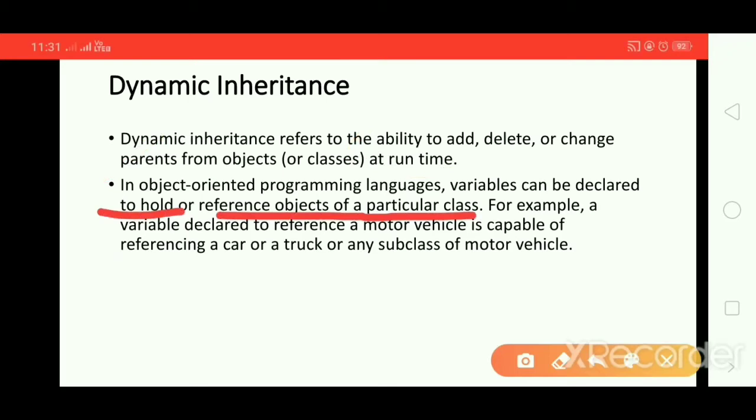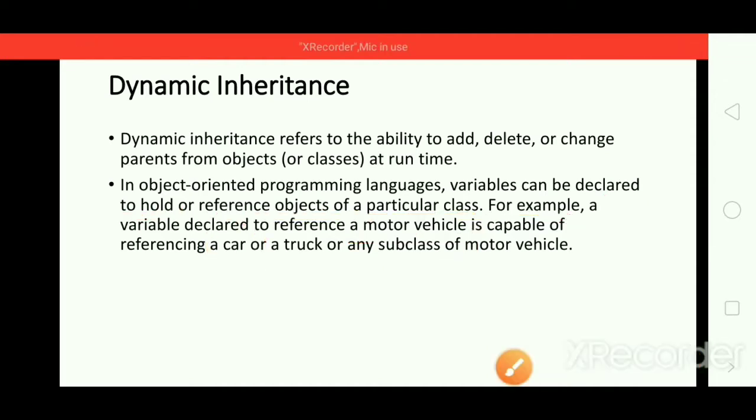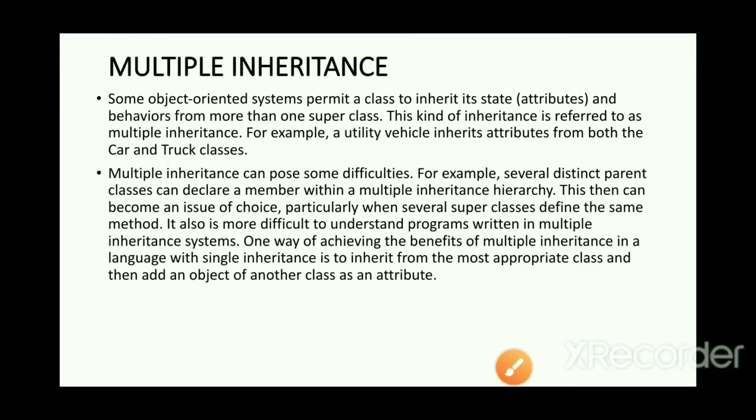For example, a variable declared to reference a motor vehicle is also capable of referencing a car or truck or any subclass of motor vehicle, because all those classes have the same features, as they are inherited from the vehicle class. This is dynamic inheritance.